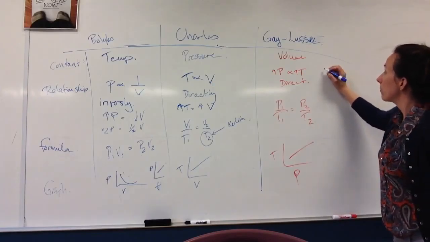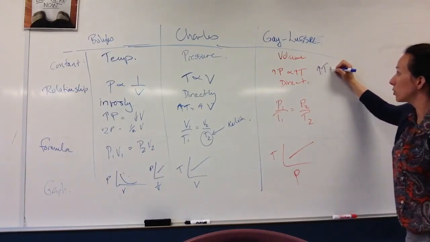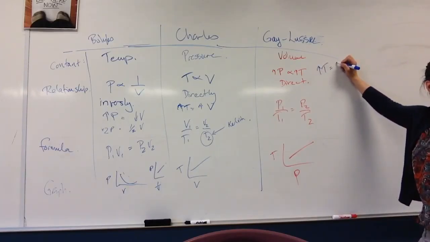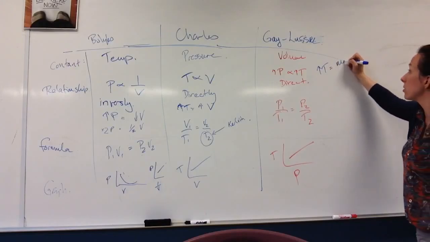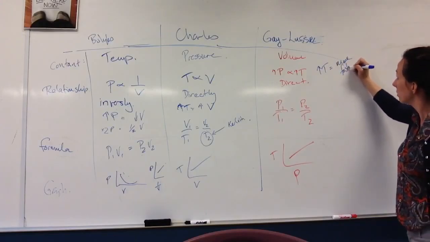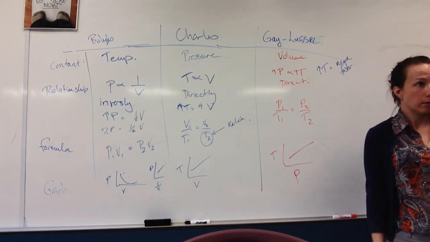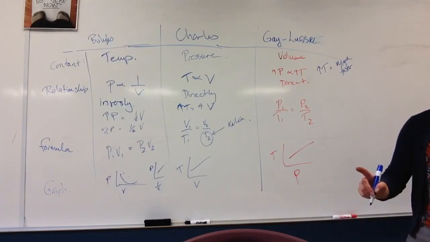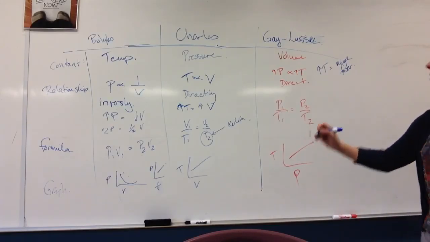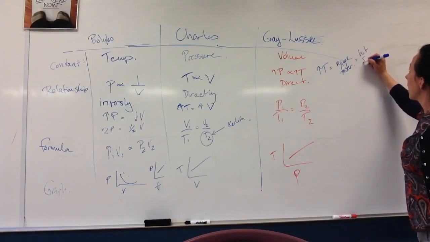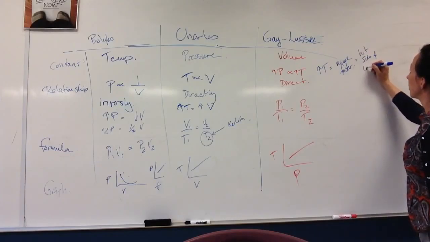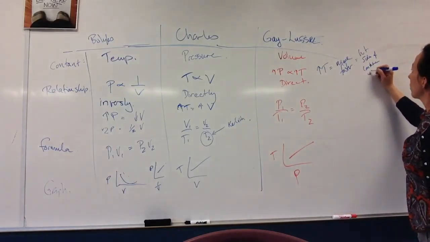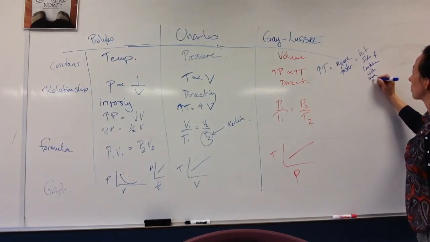So, if I increase the temperature, what am I doing to the particles? They move faster. Okay, they move faster. Everybody okay with that? If they move faster, they hit the sides with more force. Hit sides of container with more force.